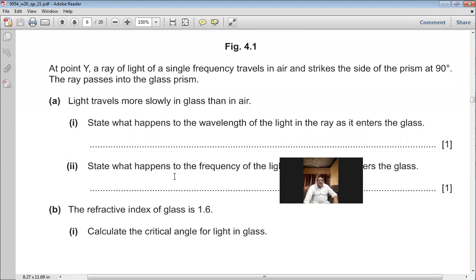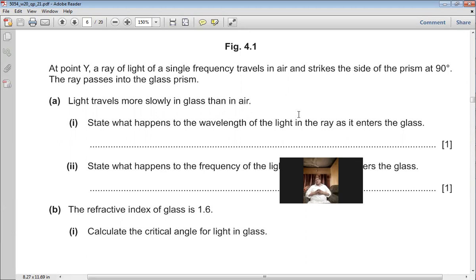It says at the point Y, a ray of light of a single frequency travels in air and strikes the side of the prism at 90 degrees. The ray passes into the glass prism. Light travels more slowly in glass than in air. State what happens to the wavelength of the light in the ray as it enters the glass.